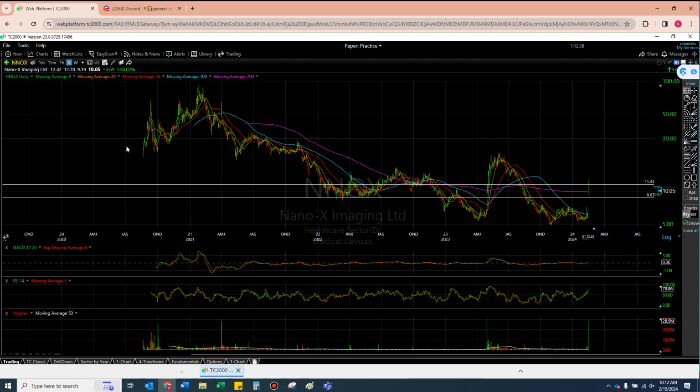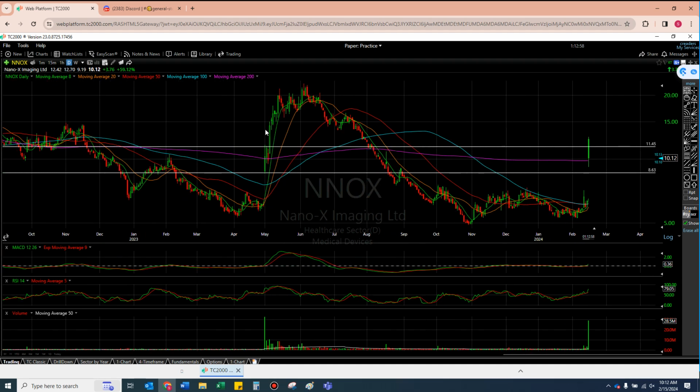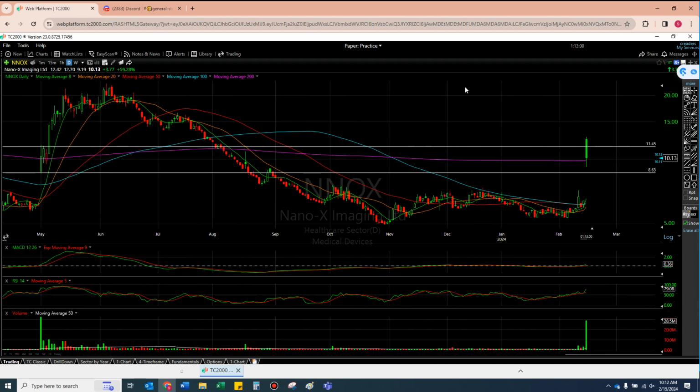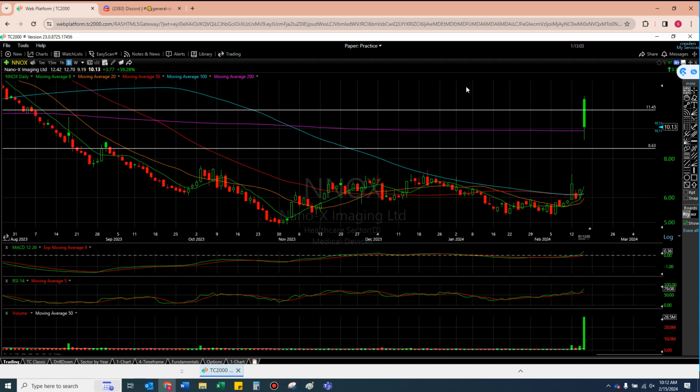I really like the fact that I had no idea that X-ray technology had never been touched since it was invented, for lack of words. Like, no one has done anything remotely to improve the X-ray. This company's trying to do it, and hey, in my head, X-rays are used all over the world. I'm sure everyone in the world would really like a better X-ray. Why not, right? So yeah, I liked the company.